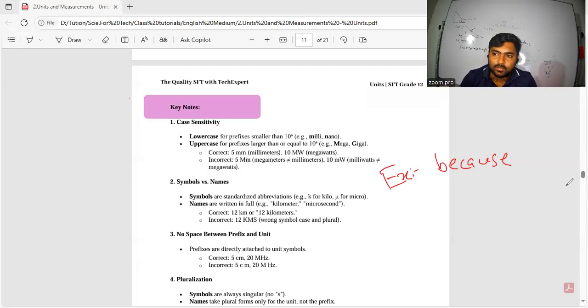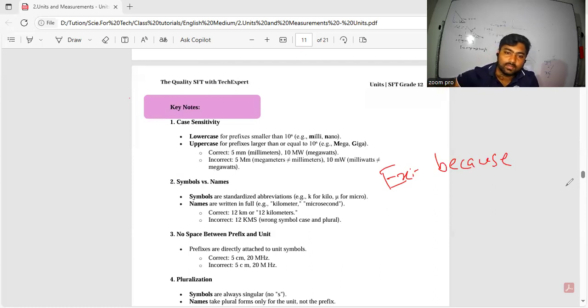There was a scientist called Newton and there was a scientist called Joule. There was Volt, likewise. As there was a scientist, there was a person, so we use a first-letter capitalized word for the unit.